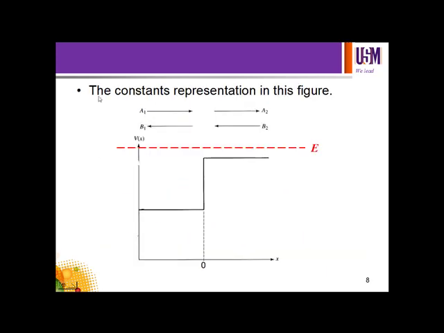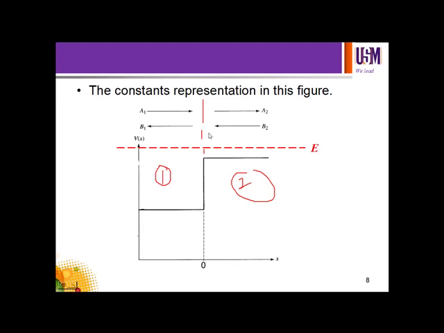This is more or less the constant representation in this figure. The constant A1 is basically in region 1, to the left of the potential wall. To the right, it is region 2, from here up to here. So you can see the constants A1 and B1 are in this region on the left of the potential wall, and A2, B2 to the right of the potential wall.